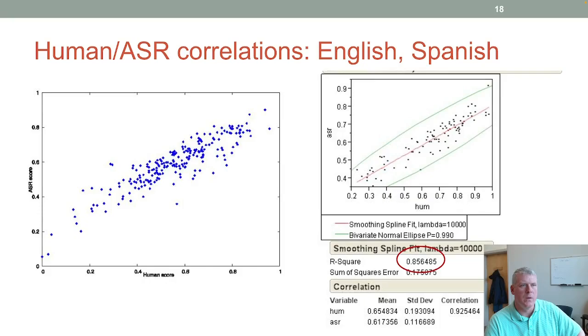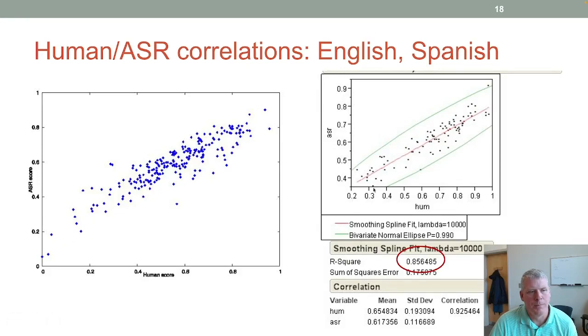Here are some plots showing the correlations. On the left-hand side of the screen, on the x-axis we have a human score, and on the right we have the ASR system, the forced alignment score. You can see that sometimes the ASR system was more generous here. It was giving a score of 0.4, like right in here, when the human was only giving 0.2. But overall, it's pretty well correlated there.